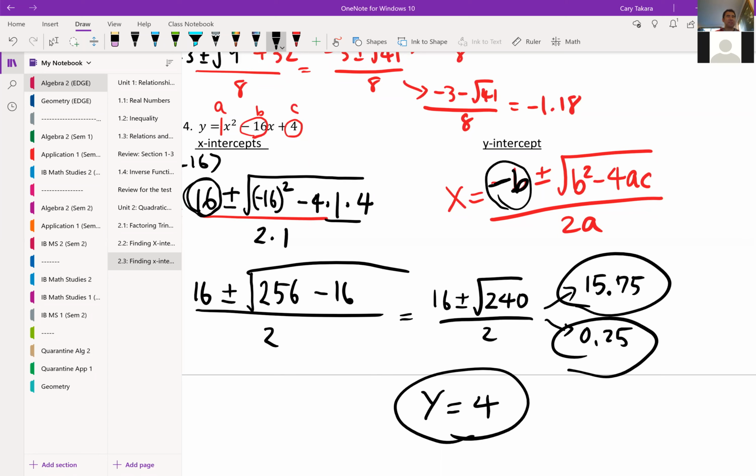And so it's really good to have that. So please ask your parents to get one, something like this. It's about 10, 12 bucks. So I would recommend that you get that.